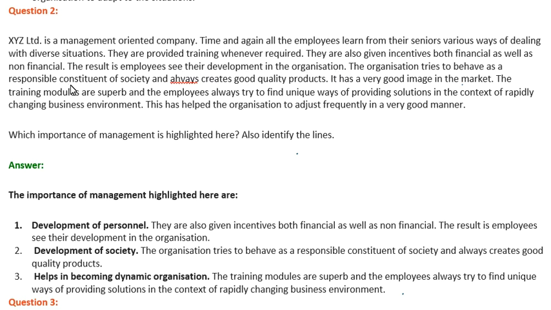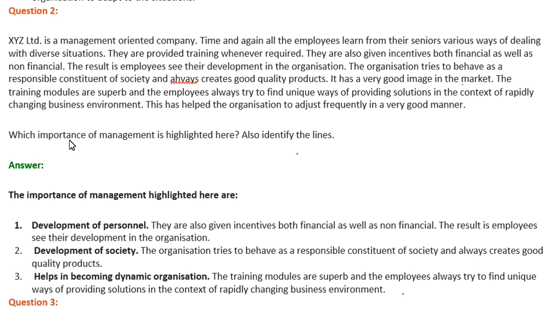The organization tries to behave as a responsible constituent of the society and always creates good quality products. It has a very good image in the market. The training modules are superb, and employees always try to find unique ways of providing solutions in the context of rapidly changing business environment. This has helped the organization to adjust frequently in a very good manner.